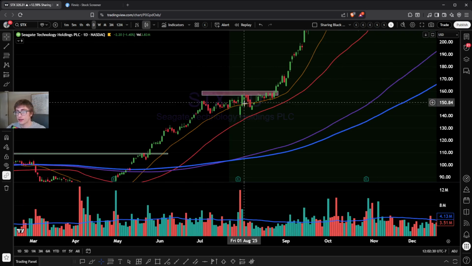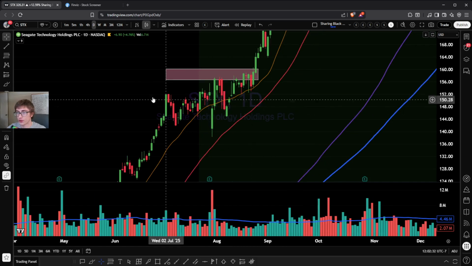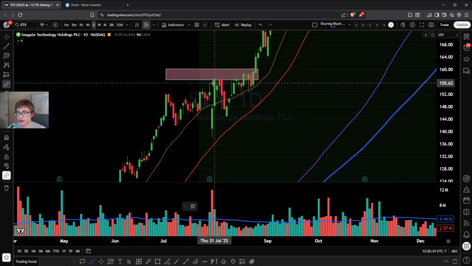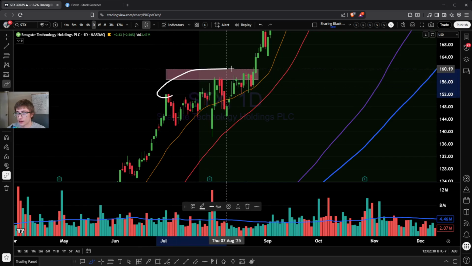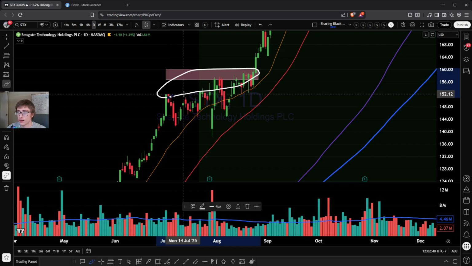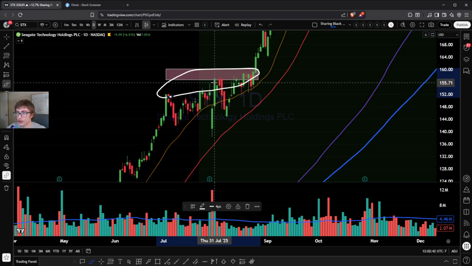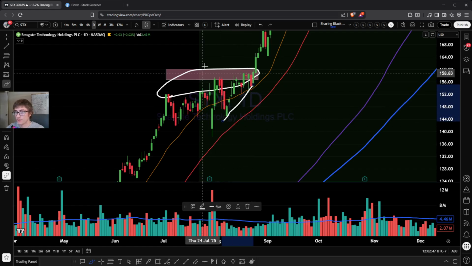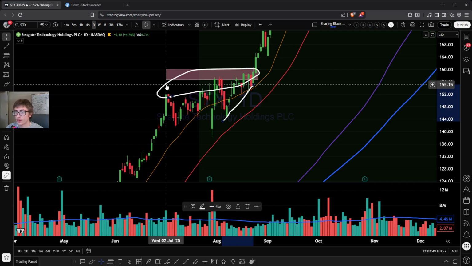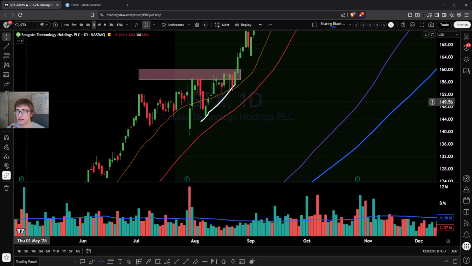And then as the consolidation develops, you want to see price, to put it simply, these are the highs, right? Price approaches the highs over here, and as it's approaching them, price action gets tighter and tighter.